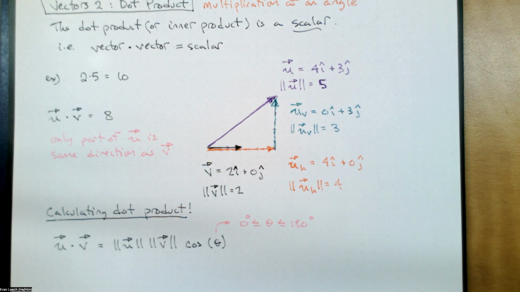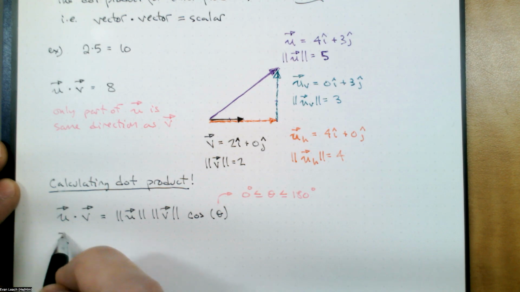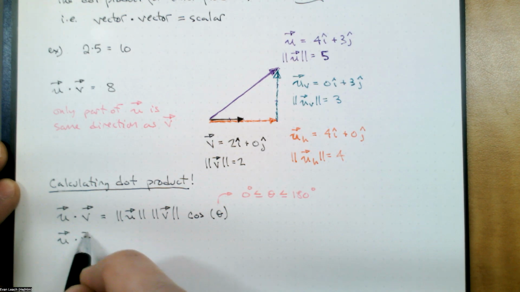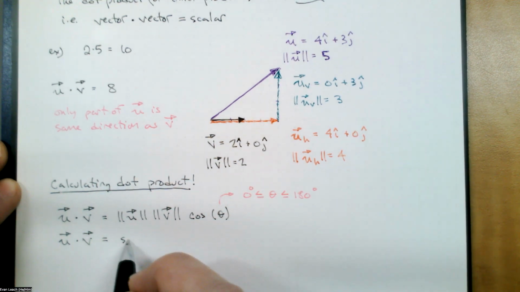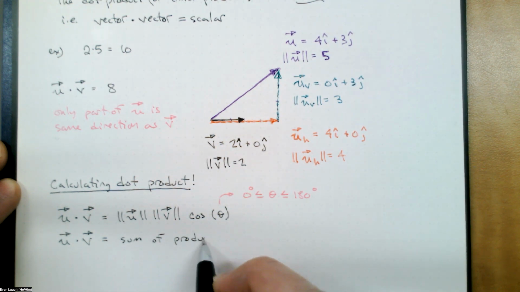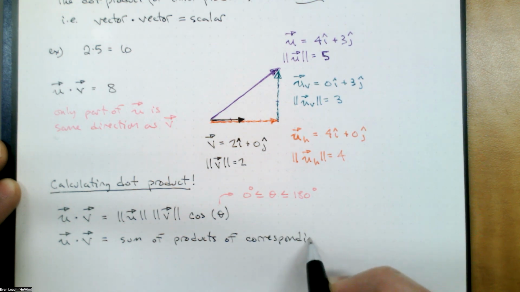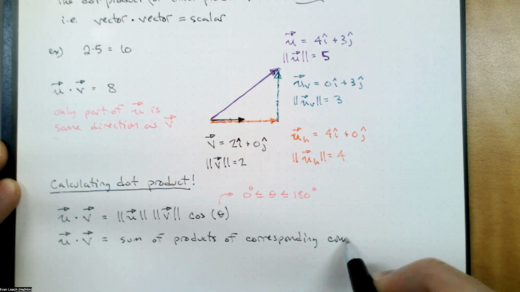Another way to calculate U dot V is the sum of the products of the corresponding components.